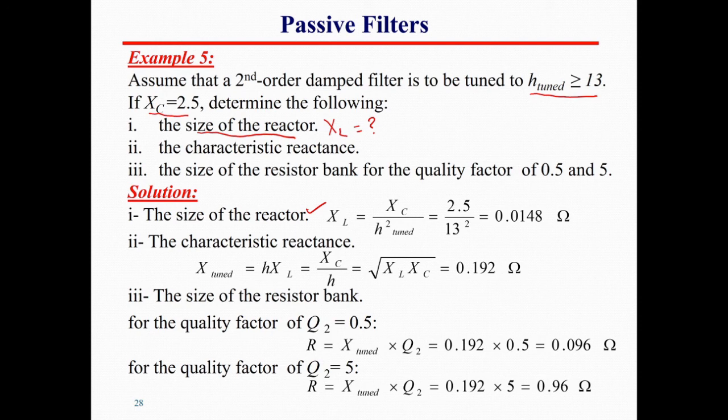Calculate the characteristic impedance, which is called h tuned, or we can call it XN. So h tuned will be either the square root of XL times XC, or h times XL, or XC over h. Determine the size of the resistor for a quality factor that ranges between 0.5 to 5. So resistance will be equal to X tuned times the quality factor. That will give you the range of the resistor.